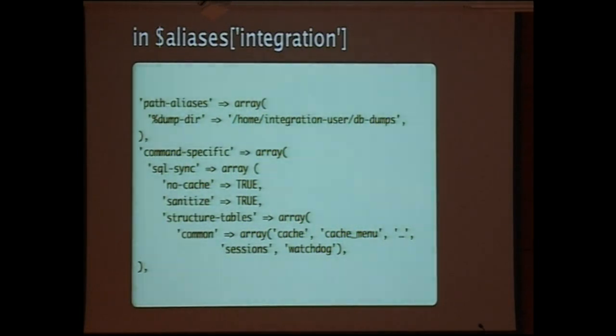Since we are doing database synchronization, you can set no-cache, so your dump on the server that will get transferred to you, or the other way around, won't get cached. Sanitize removes or scrambles email addresses and passwords. Maybe you shouldn't actually need to transport those to your testing machine or development machine. And you can define an array structure-tables, or even more, where you can tell this drush command which tables not to synchronize. Yes?